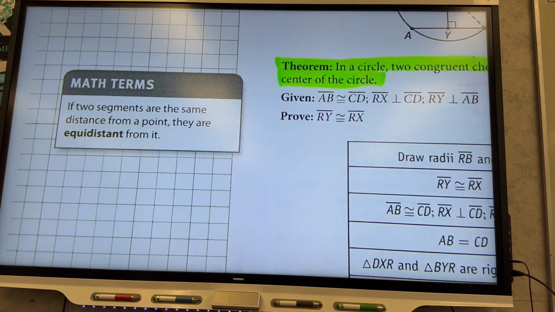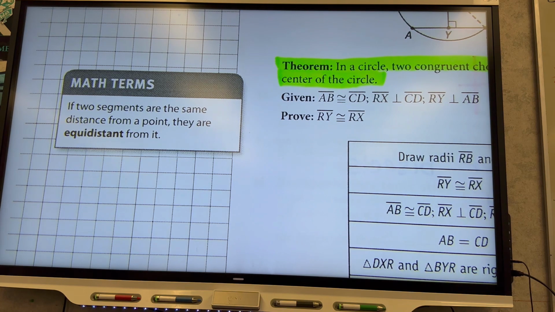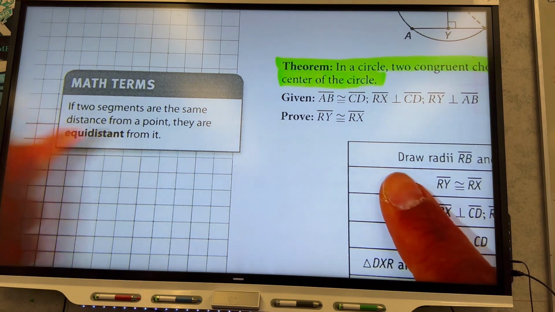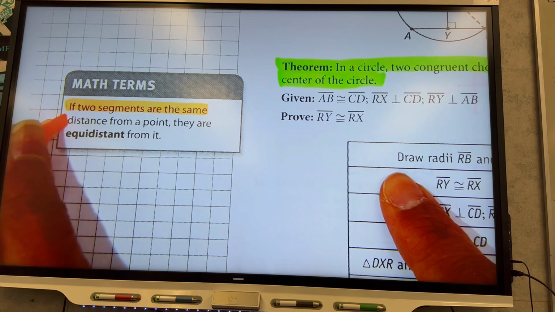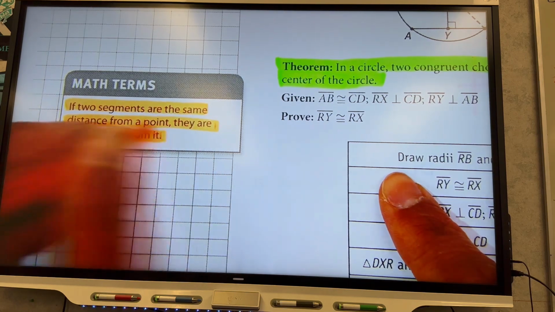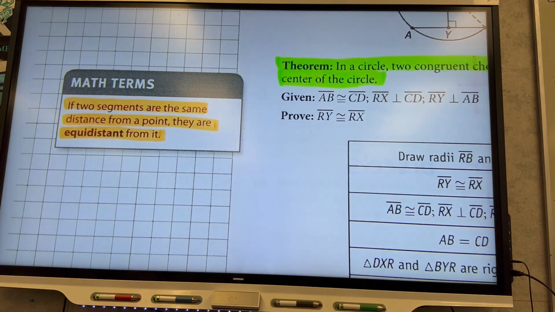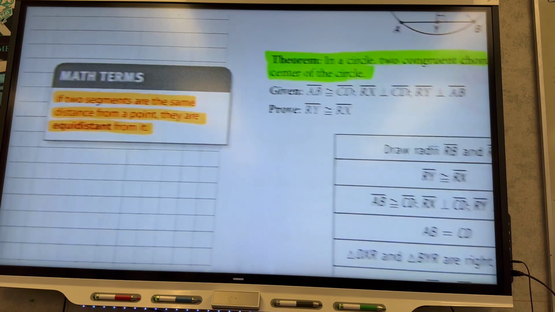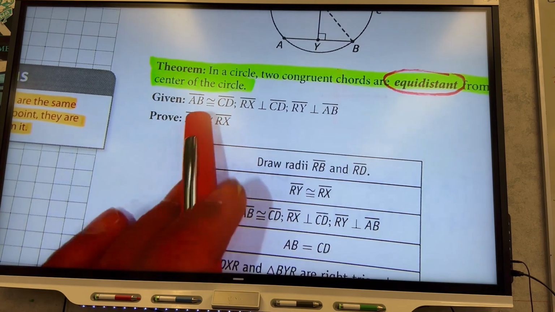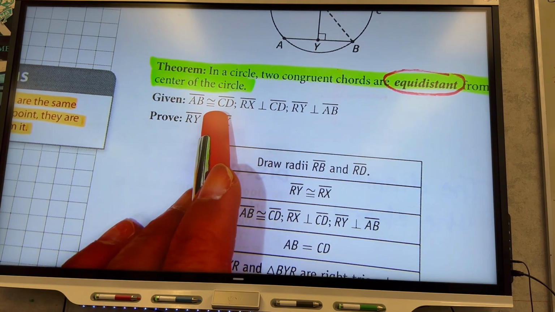Over on the left, it talks about equidistant. If two segments are the same distance from a point, they are equidistant from it. Equidistant is like saying equal distance. It's the same thing.